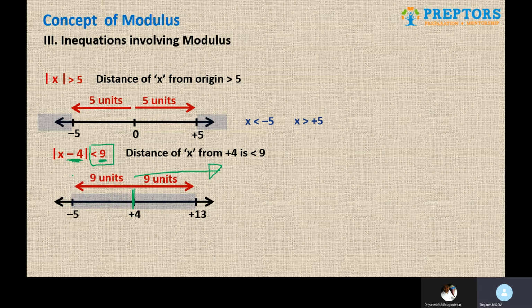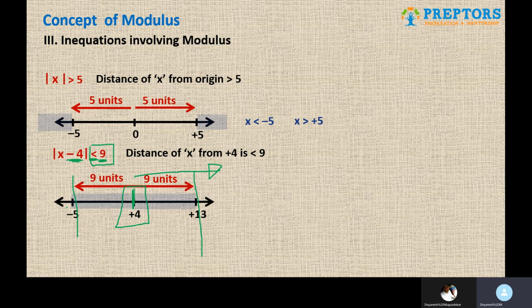Once you have established your boundaries, which are minus 5 and plus 13, from 4 a distance of 9 units gives you minus 5 and plus 13, but the sign is less than. And you remember the funda, less than is within the range and greater than is beyond the range. So less than, within the range, your range is fixed, minus 5 to plus 13.